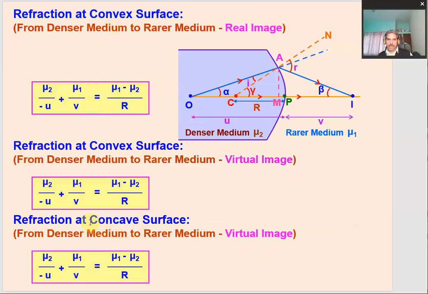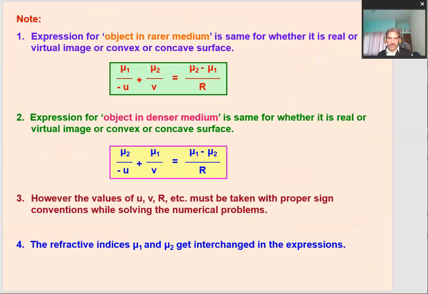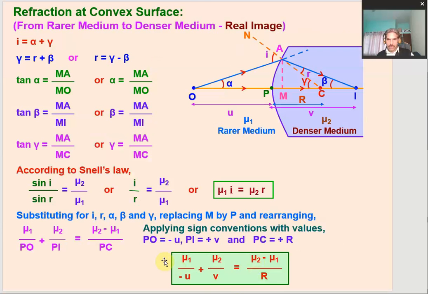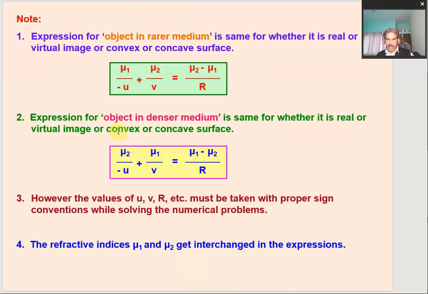This is for the concave surface. In all cases, in total you will get only two kinds of formulas. One will be just like the one we have just found here, and the other will be slightly different from this one.